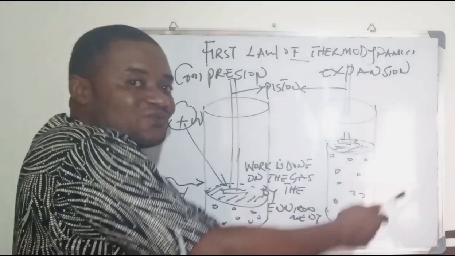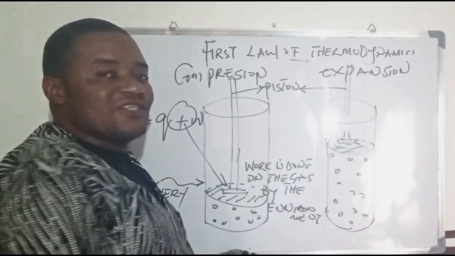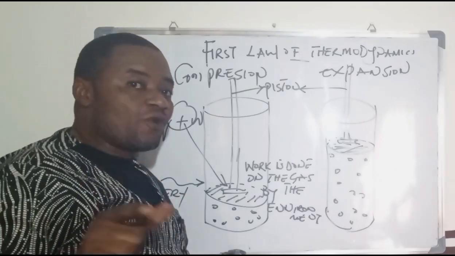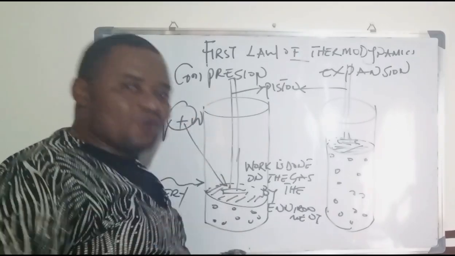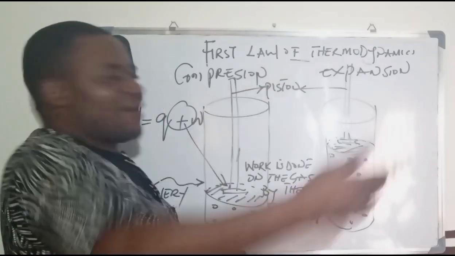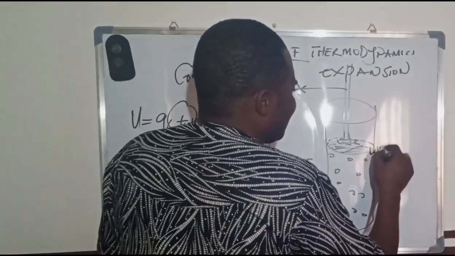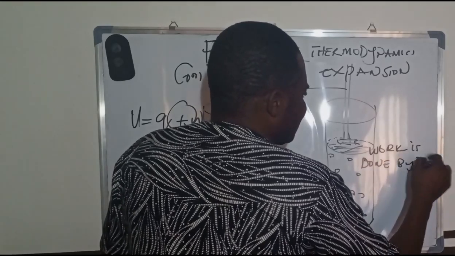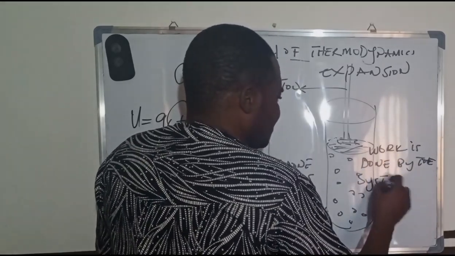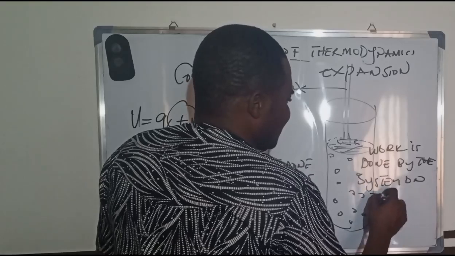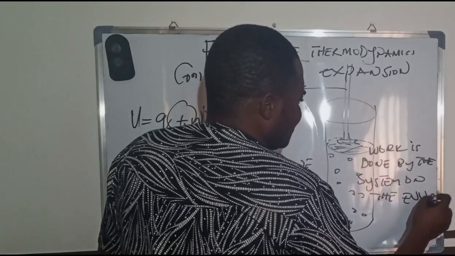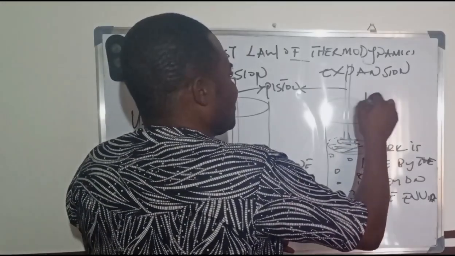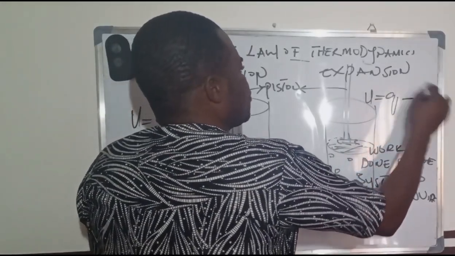And if it does that, it means that the internal energy of this kind of system is reduced. Therefore, you have a negative work done, because work is done by the system on the environment. So in this one, we say work is done by the system on the environment. You see, therefore, it means that our change in internal energy will be equal to Q minus W.